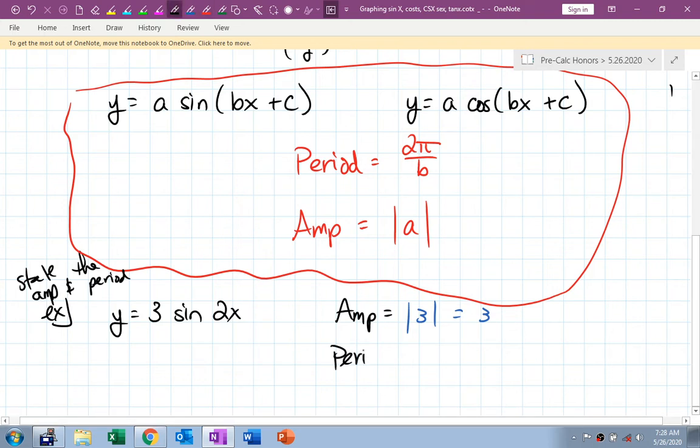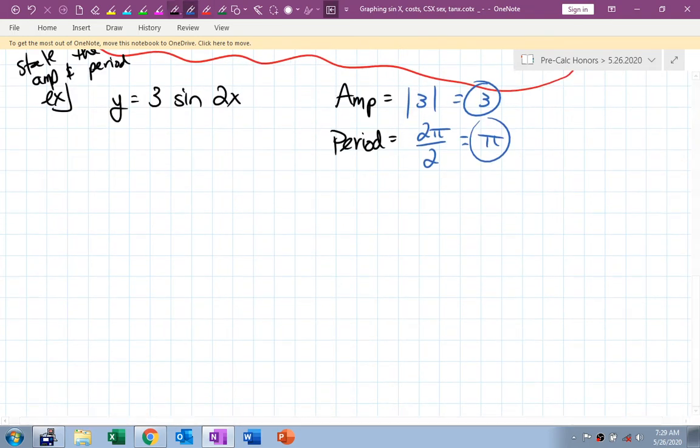The period is 2 pi over b, and b is the number in front of x, so it's just 2. So 2 pi over 2, so our period is pi. We would have our amp being 3, our period pi. We'd be done. That's as hard as it gets. All right. Let's do another one.